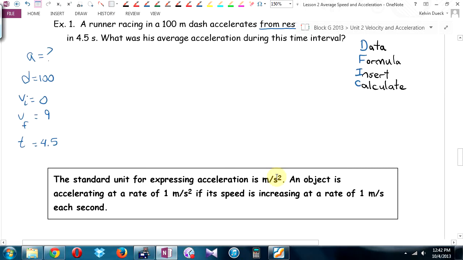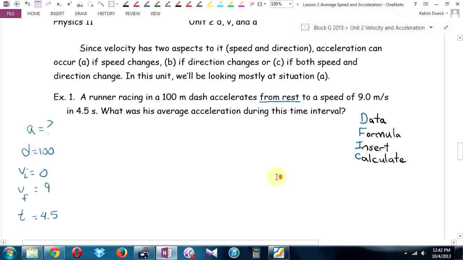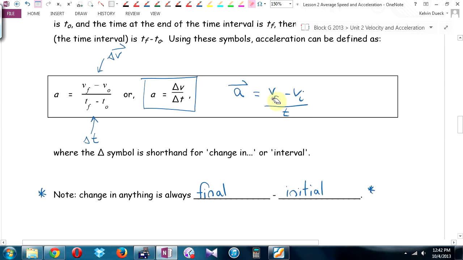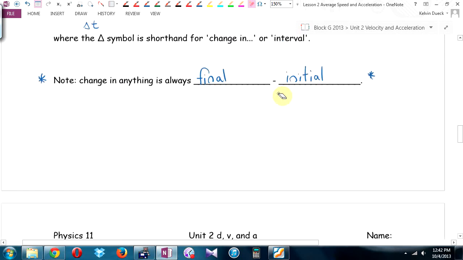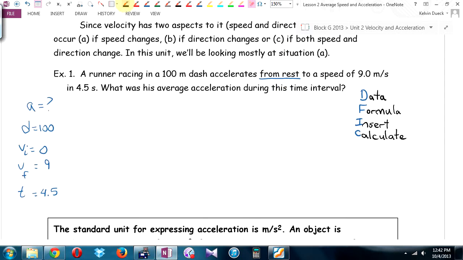I didn't write down the d, 100. Okay. Did they give me V final? Yeah. Did they give you V initial? Did they give you time? So I can solve. And you know what, Rob? Brilliant. Actually, that distance equals 100. I don't need it. It was extra info. Fine. So the equation is a equals V final minus V initial over t.